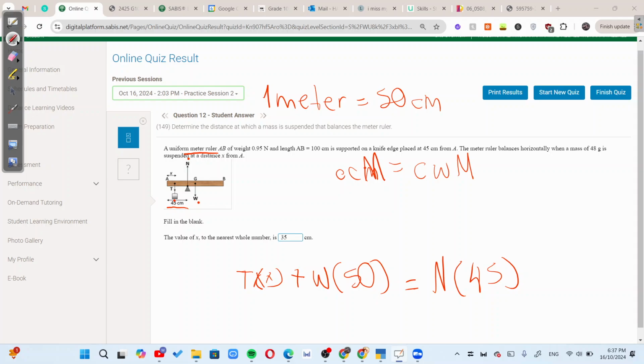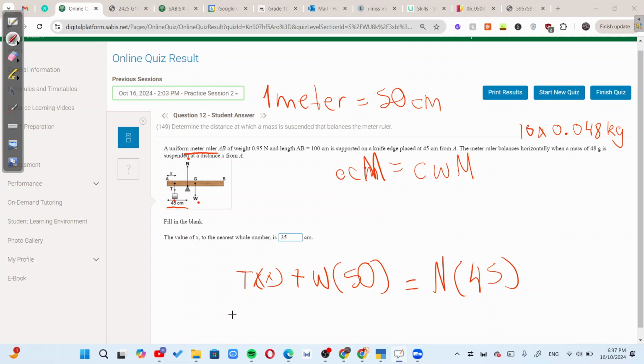Now let's substitute the values we know, which are T, W, and N. Tension is 0.48, because we know tension is weight and weight is mass times gravitational acceleration. So we have a mass of 0.48 grams, so it's 0.048 kilograms, and we times that by 10 for gravitational acceleration.